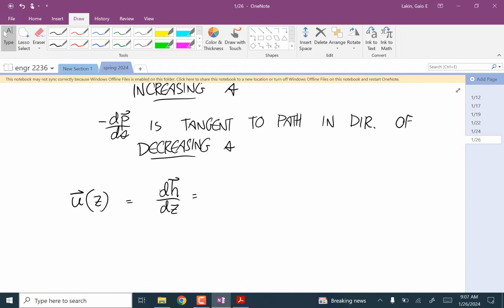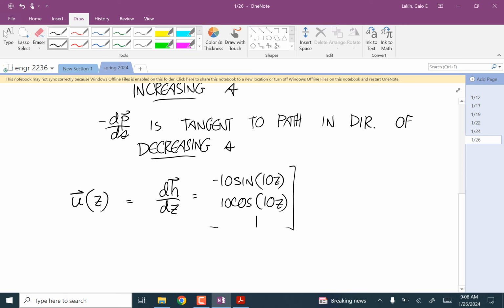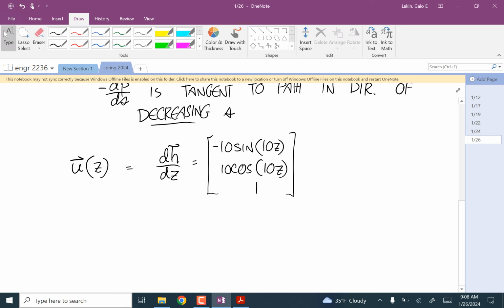Okay, negative 10 sine of 10z, positive 10 cosine of 10z, and then 1. And then we're trying to come up with a velocity vector as a function of z.